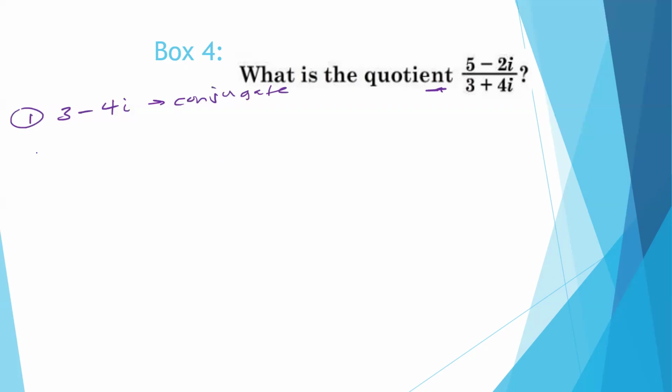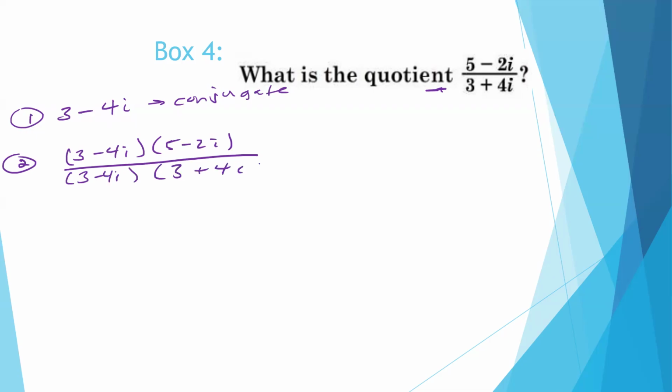Okay. Step 2 tells us we're going to do what with the conjugate? Perfect. We're going to multiply the numerator and denominator by the conjugate. So we have 3 minus 4i times 5 minus 2i over 3 minus 4i times 3 plus 4i.